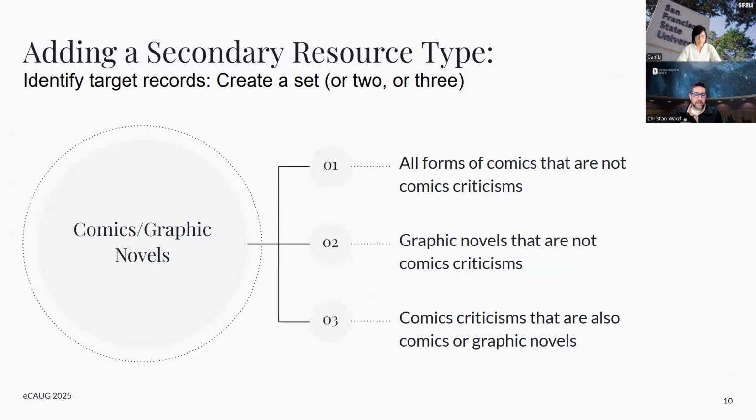We did try very hard to create a single set that encompassed all the records we were looking for. But in the end, it was just a little easier to create separate sets, some of them overlapping, that we could then update individually.